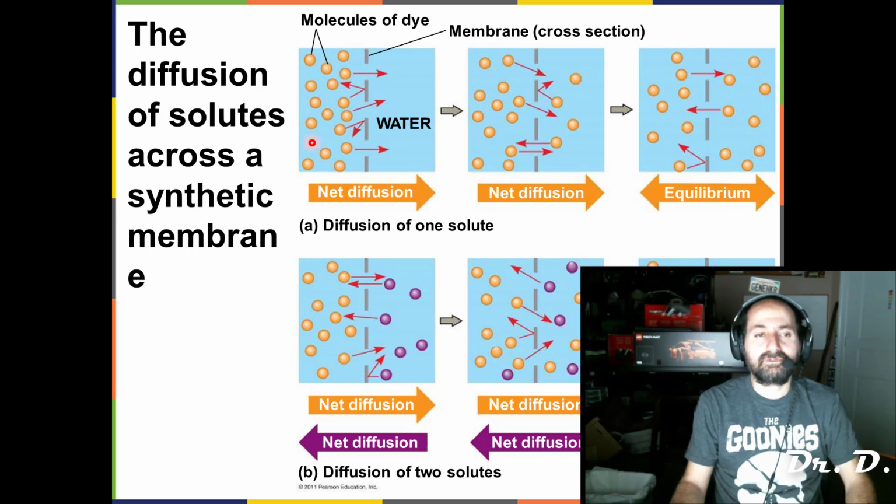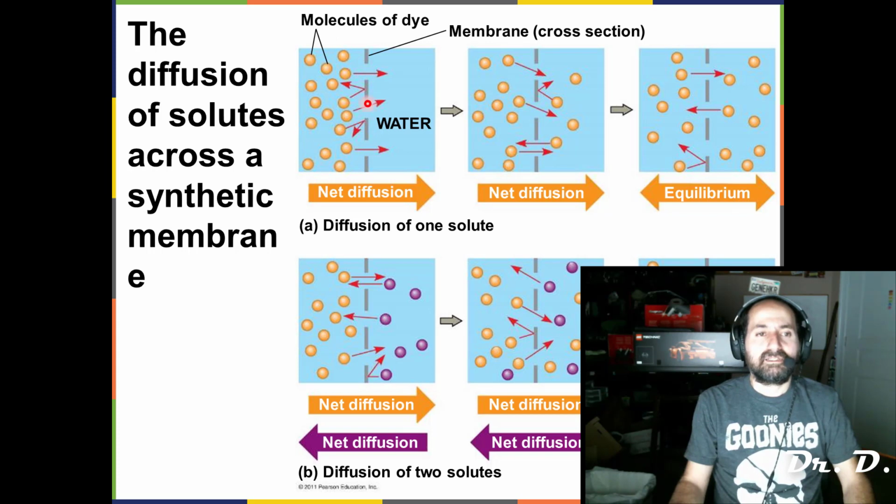These dye molecules can cross from where there's a high concentration of dye towards where there's a low concentration of dye, right? So you see the dye can go from the left side to the right side, from high concentration on the left toward low concentration on the right. So what do these dye molecules do? They cross from left to right, down their concentration gradient. And do you see the pores in the membrane? Those pores are big enough to allow the dye to cross.